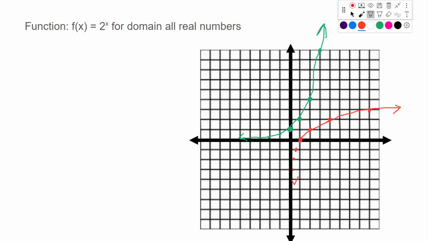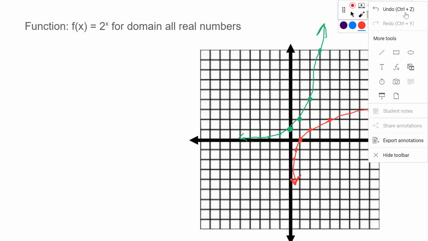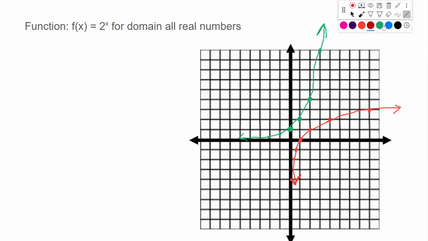So if we look at these, I can see that without any domain restrictions, the inverse of an exponential is going to be a function. So that means all of your exponential functions are going to be invertible. We can also see from this graph, which I'm going to draw in blue here, that the inverse is reflected across the line y equals x, just like our linear inverses and our quadratic inverses.